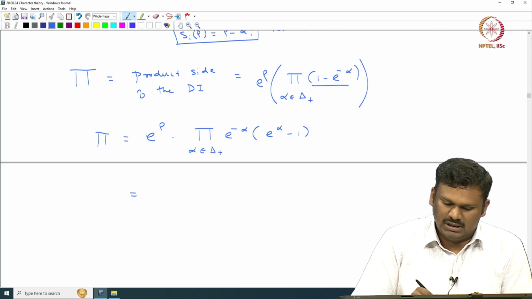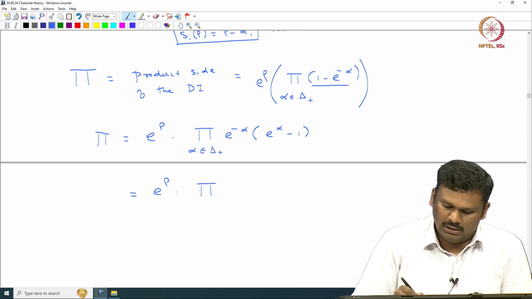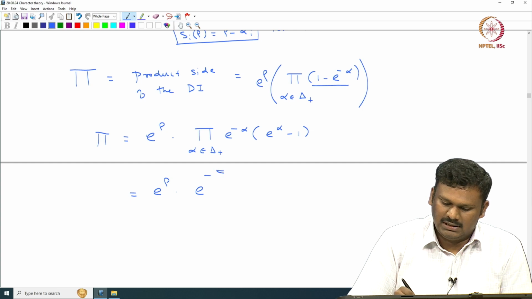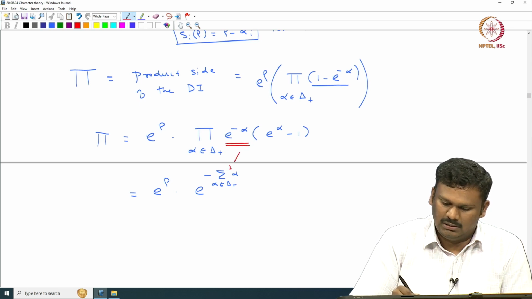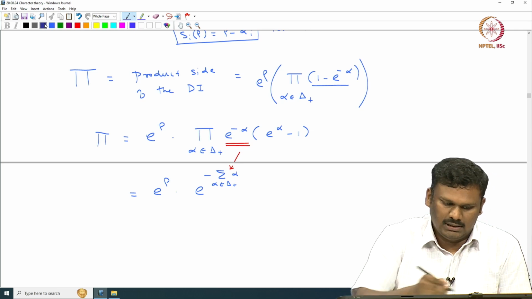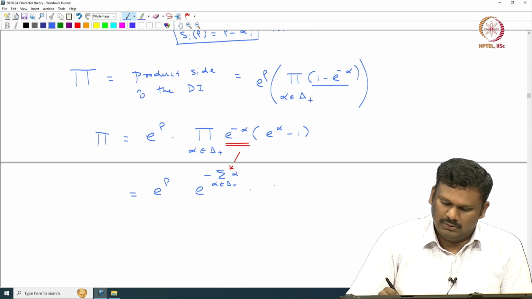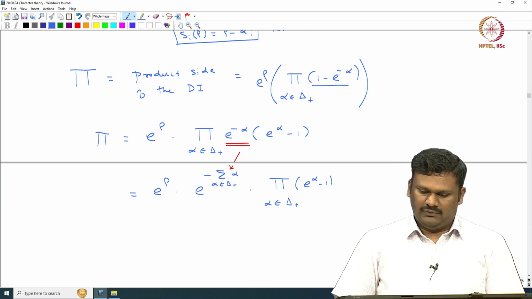Now if we collect them together, this is e to the rho times the product, and this thing will come out: e to the minus the summation of alpha, alpha in delta plus. So this is what is contributed from this particular element, times the product of e to the alpha minus 1, alpha in delta plus. This is just a way of rewriting things.